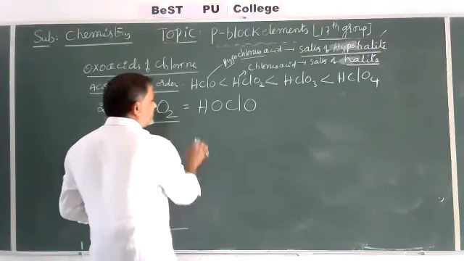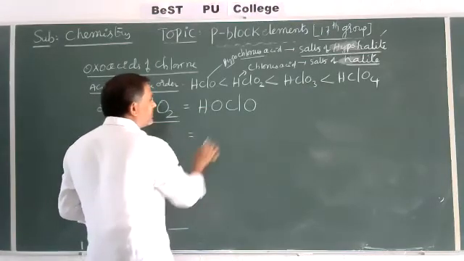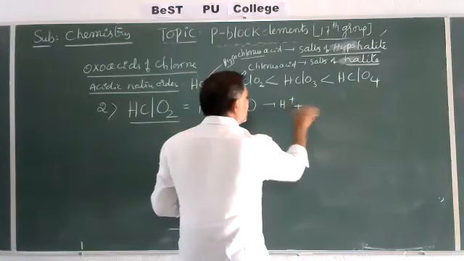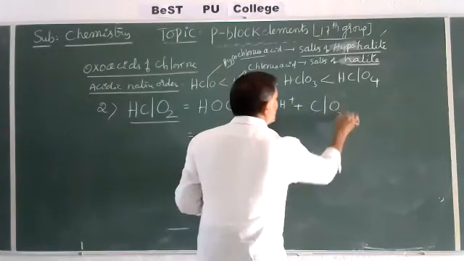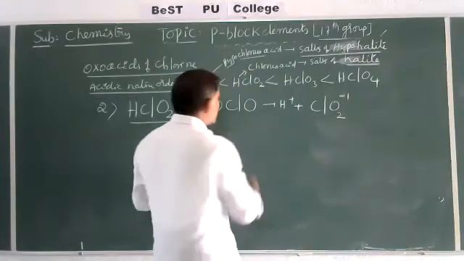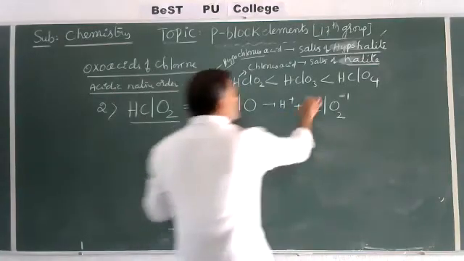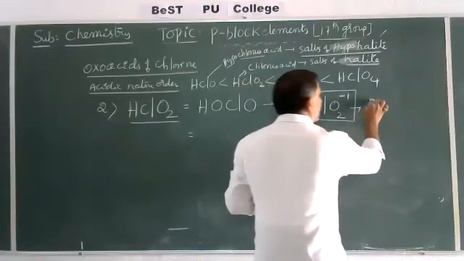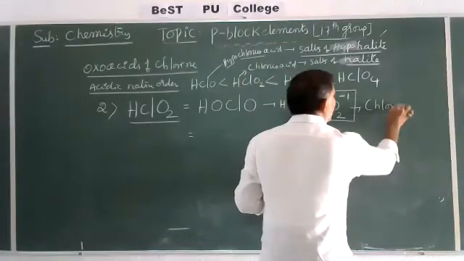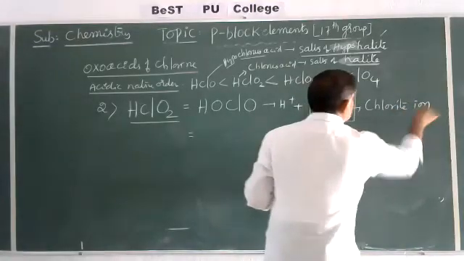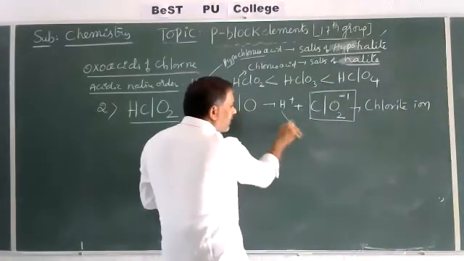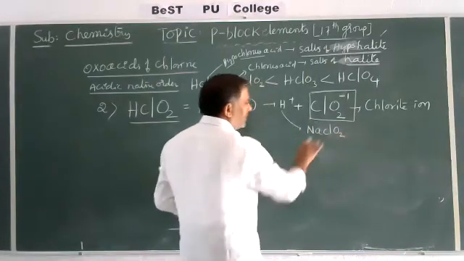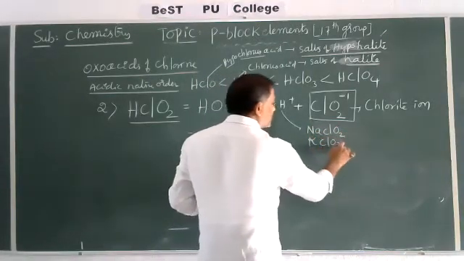Now, for this we can take its ionized nature. It gives H plus and ClO2 minus 1. This acid is unstable, but the ion is a stable ion. This ion is called the chlorite ion. It combines with sodium, like NaClO2 or KClO2.